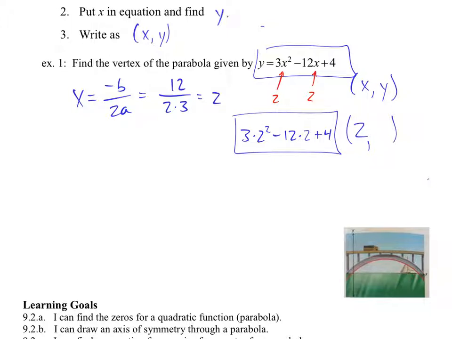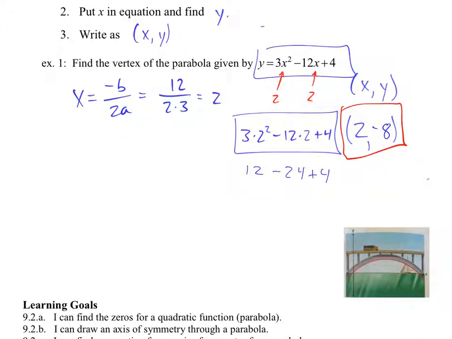If you want to do it in parts, make sure you do order of operations correctly. 2 squared is 4, 3 times 4 is 12. Then minus 12 times 2 is 24. So that gets you to negative 12 plus 4, which is negative 8. If we punch it into our calculator, we should get this negative 8. So we know this parabola has a vertex at 2, negative 8.